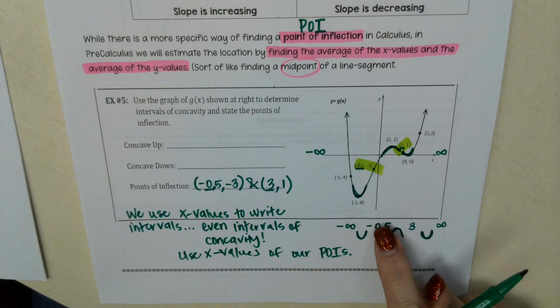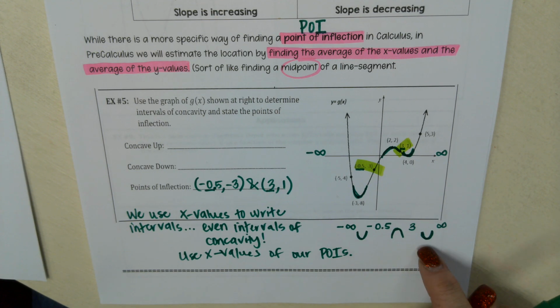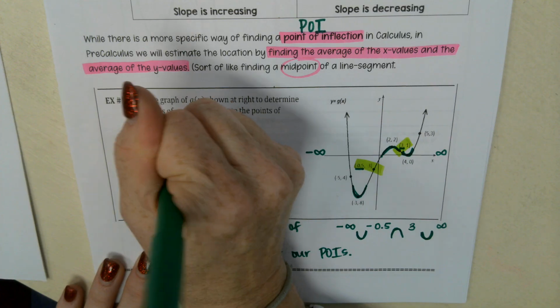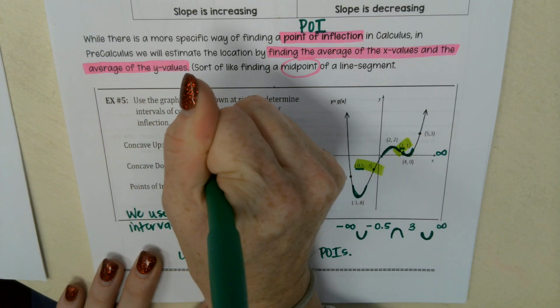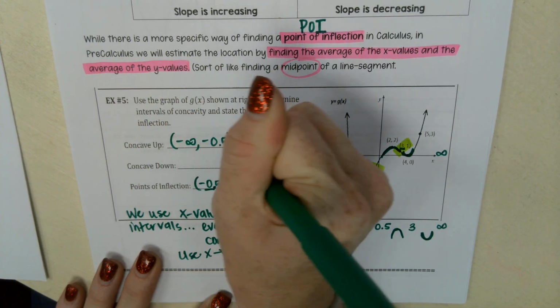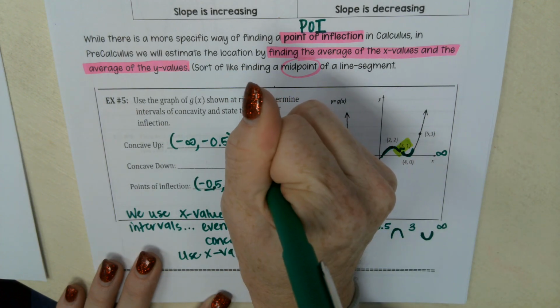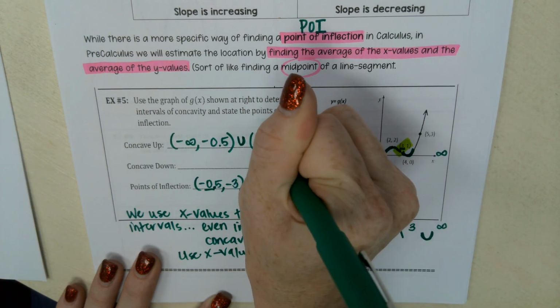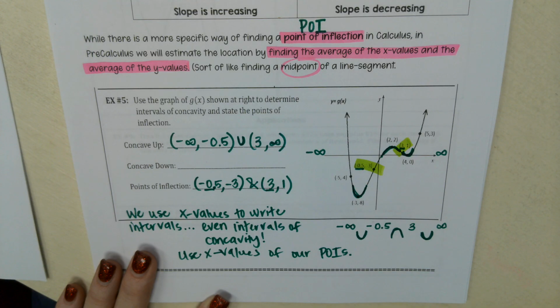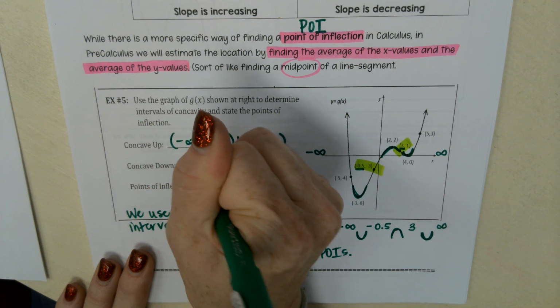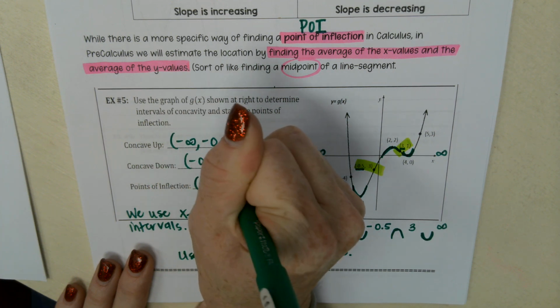So I'm going to use these numbers right here to help me write my intervals of concavity. Right here, it is concave up from negative infinity to negative 0.5 and from 3 to infinity. Where is it concave down? Negative 0.5 to 3.